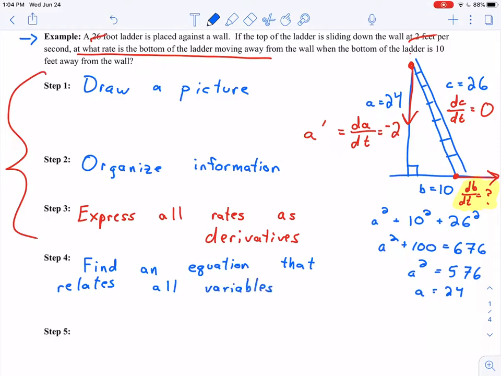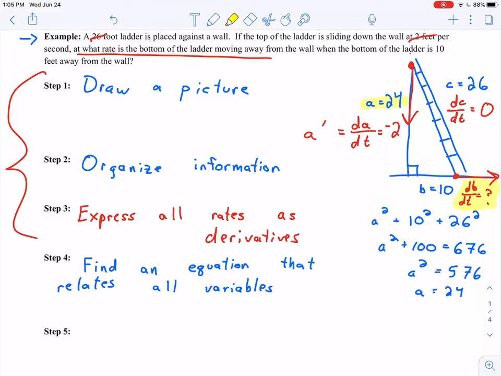So this does not necessarily need to relate the derivatives. We don't need to relate dA over dt or dC over dt. Those are all going to come later. I just want to relate A and B and C. I need some relationship between those three variables.